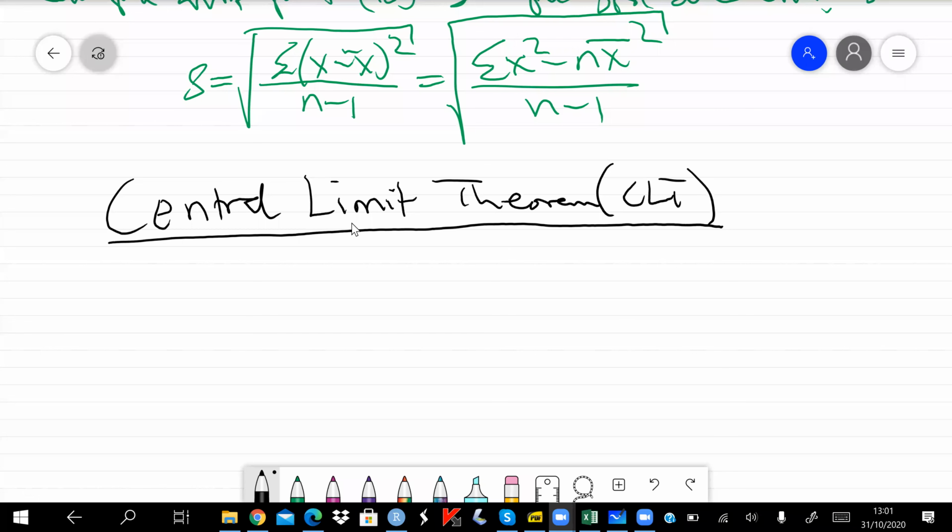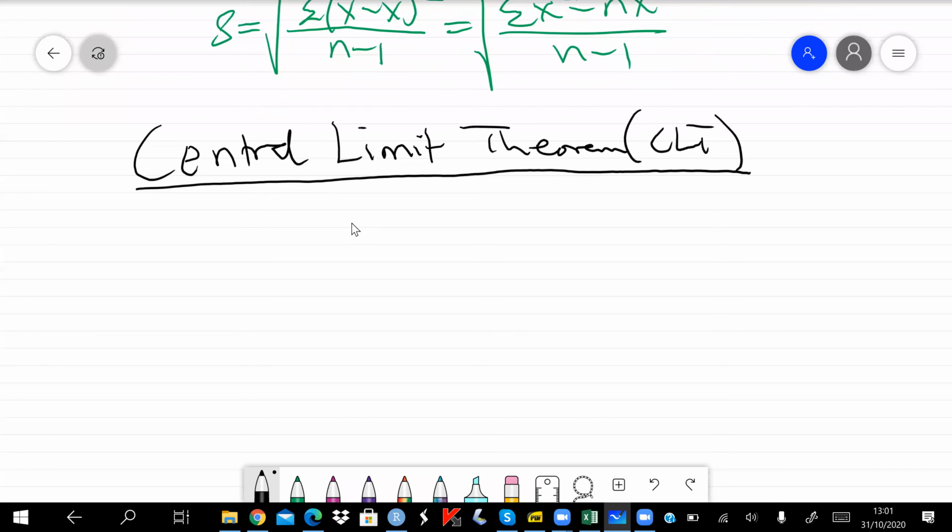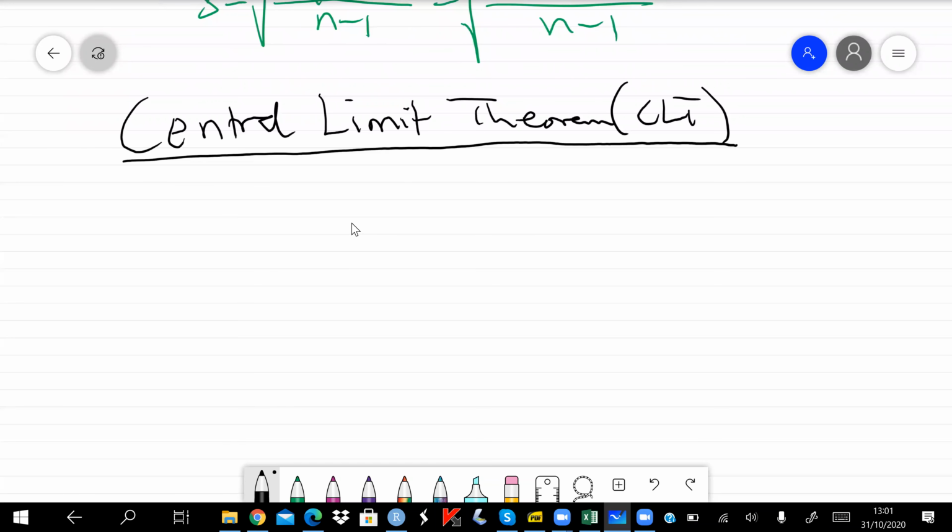So let's move on to the central limit theorem. The central limit theorem, which we shall be abbreviating as CLT, is at the core of inferential statistics.